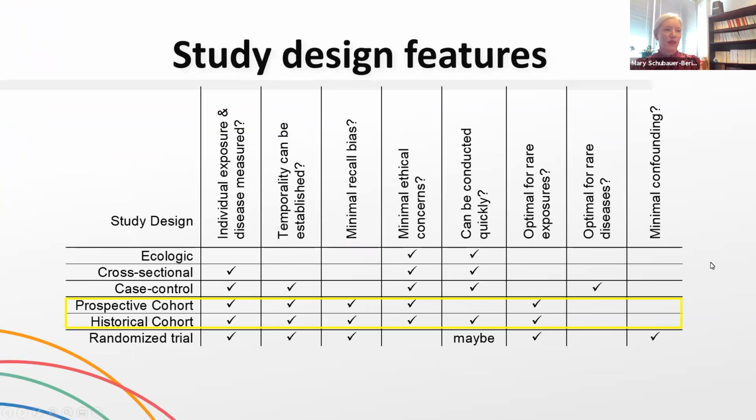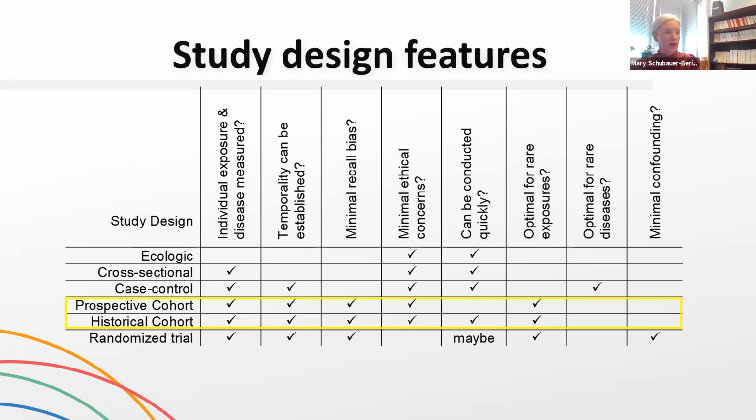You may be familiar with a graphic like this that compares different study design attributes across different study designs. So cohort studies, whether prospective or historical, really do meet many of the objectives of an ideal study. They permit individual exposure and disease outcome to be measured.